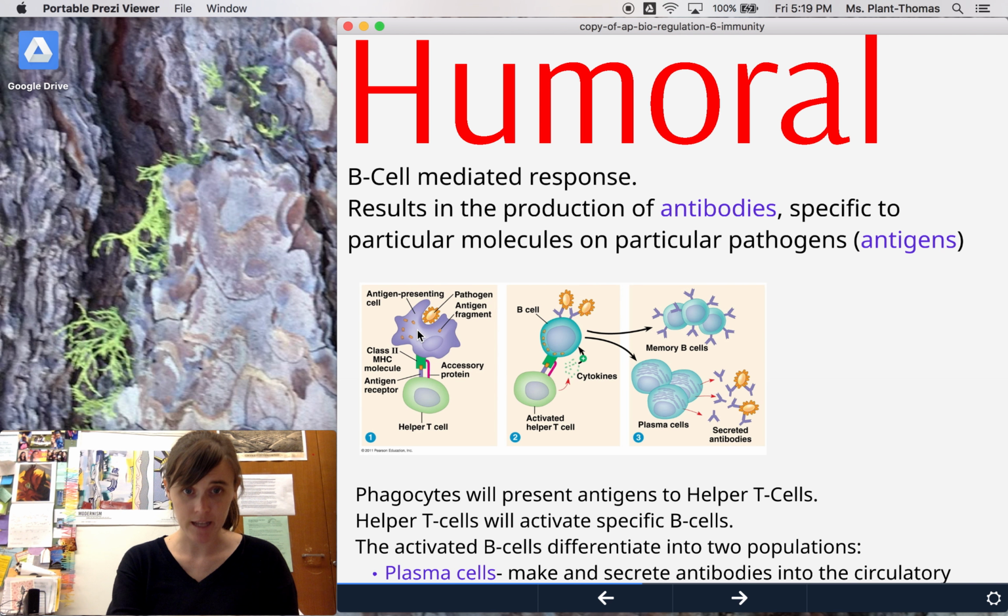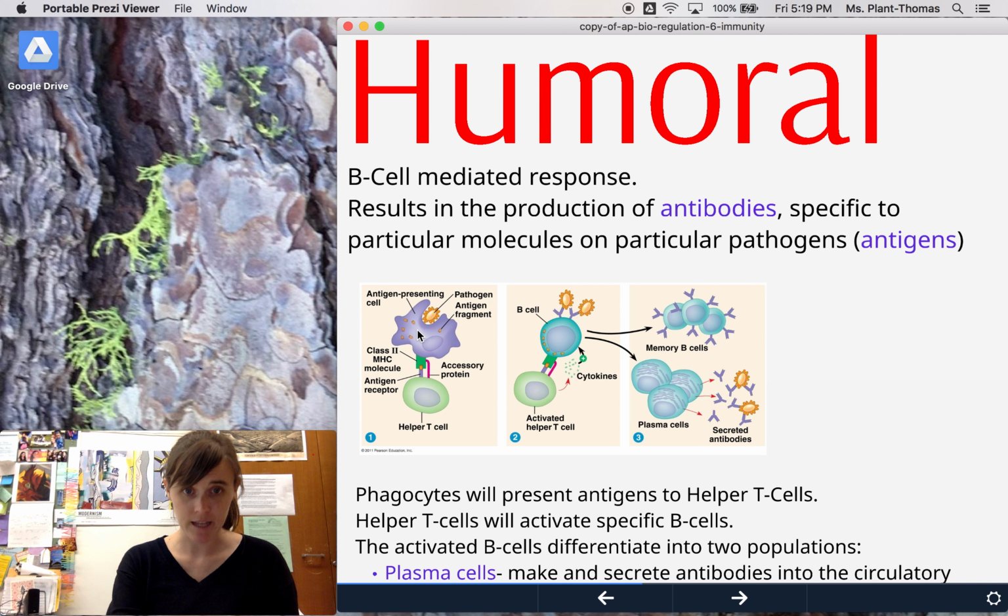There are little antigens that are taken off of it, that little name tag, and the phagocyte holds out the name tag and says, hey, helper T cell, you should go and make things to attack this specific cell because it's a bad guy. And then the activated helper T cell says, B cells, you should start making some antibodies. And so then the B cells, memory B cells, and the plasma cells make antibodies, and they go off and do their job. The memory B cells, we'll talk about more in a second.